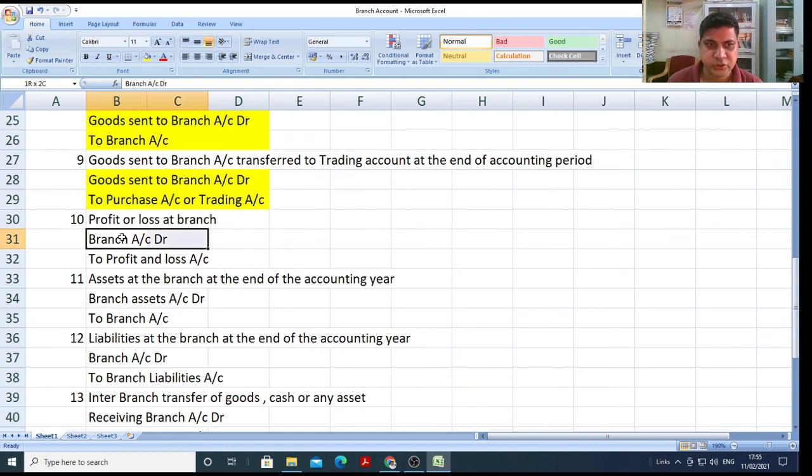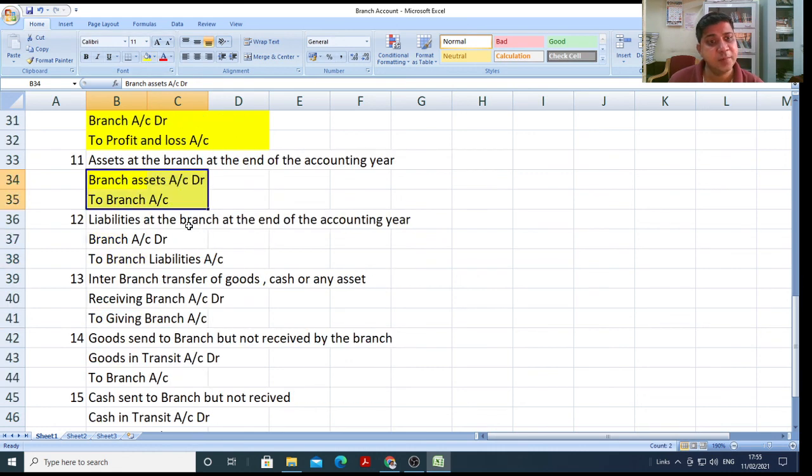Profit or loss at branch account debit to profit and loss account. Assets at the branch at the end of the accounting year, branch assets account debit to branch account. Liabilities at the branch at the end of the accounting year, entry will be branch account debit to branch liabilities account.